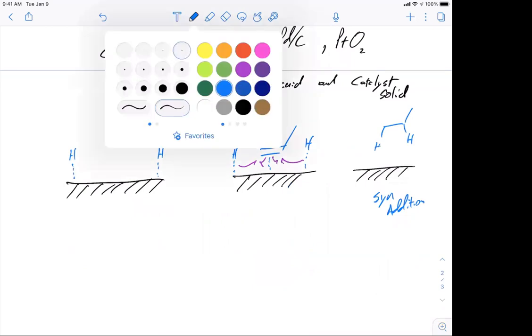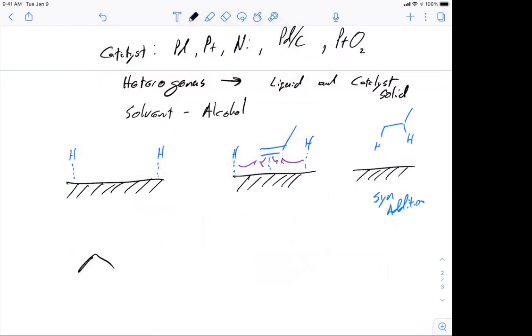What that means is if we look at the stereochemistry of, let's say, a species like this, we're going to end up with something like this.